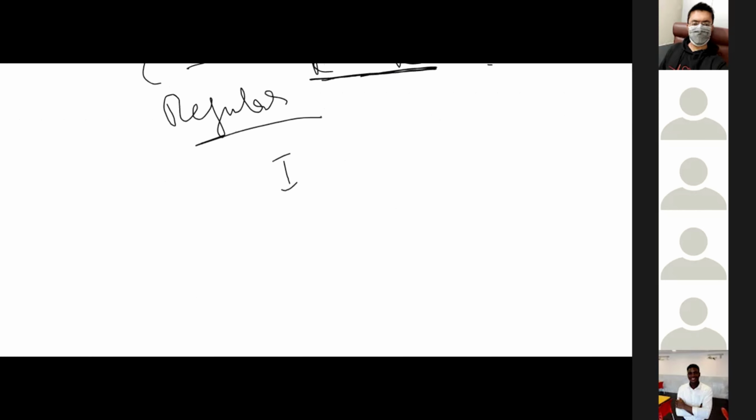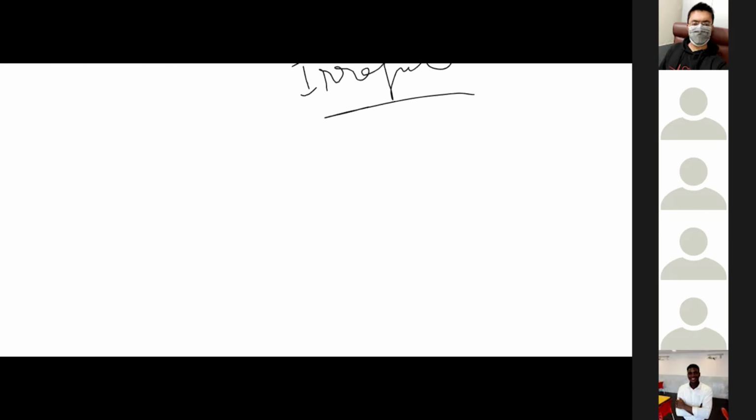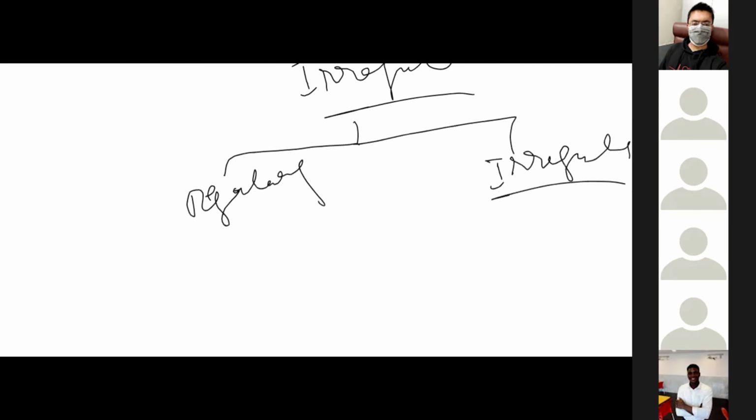What should be done then? Then you will see whether it's regularly irregular or irregularly irregular. We'll go into detail later, but for that there's a very simple method, the card method.